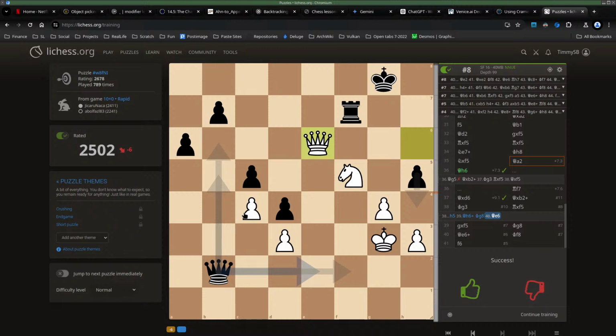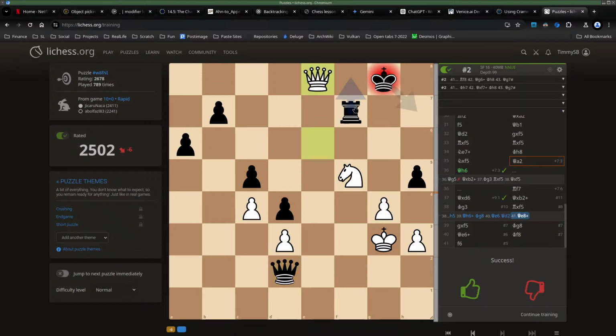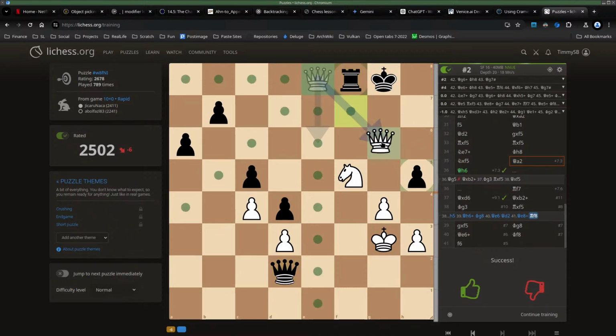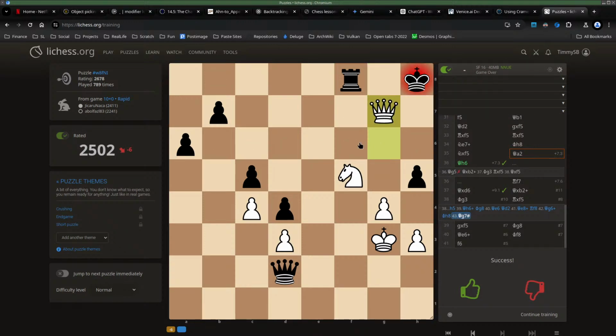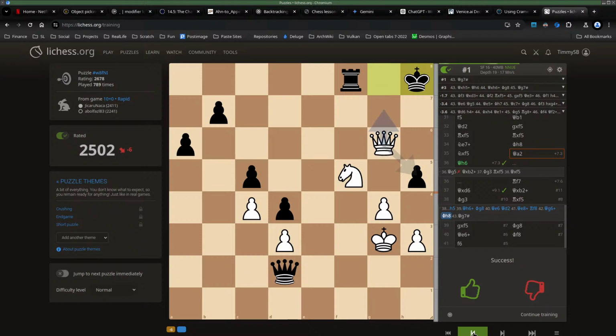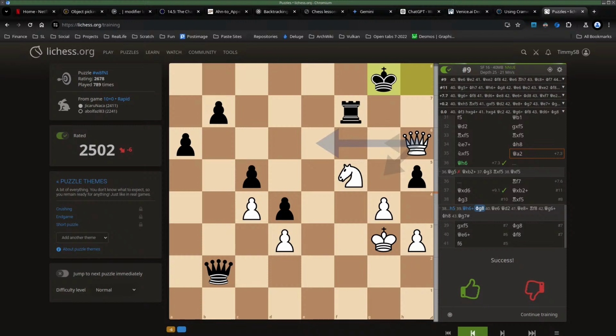It cannot participate at all. Just put it there. Mate in 3. I definitely did not know that one. Queen and knight against rook and king. Exposed king.